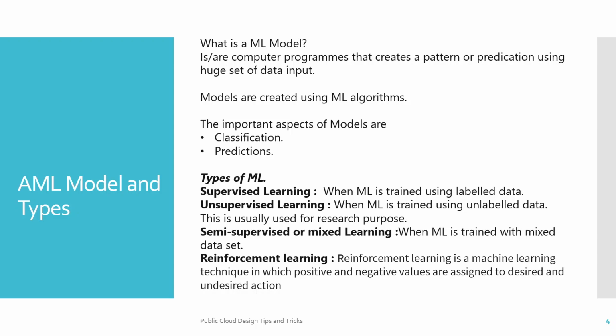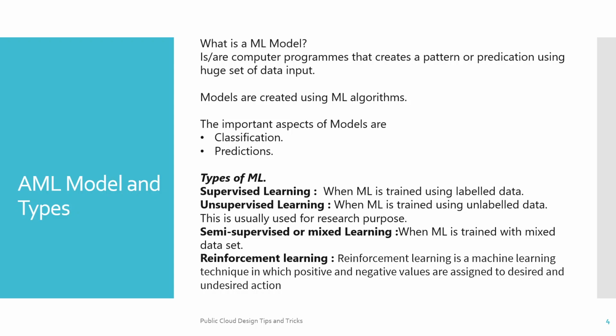If you try to classify those models, or define the aspects of the models, then they are kind of two: classification and prediction. Normally in classification you try to classify different aspects based on data, and in prediction you derive some result out of an unknown set of data. So that is how you can define it.